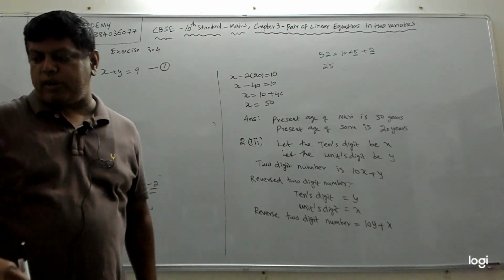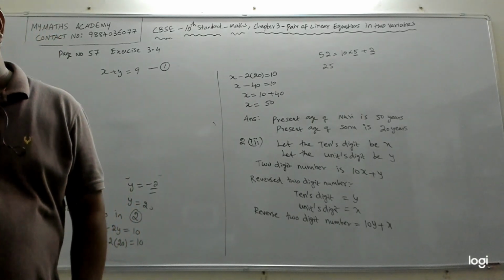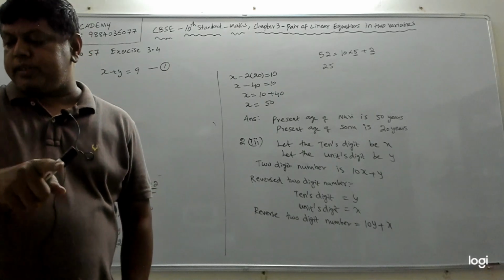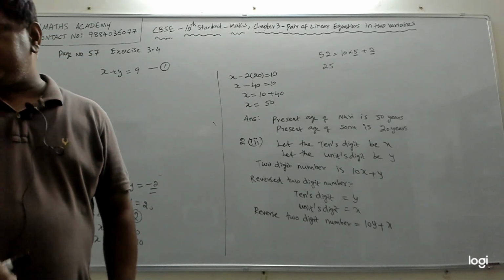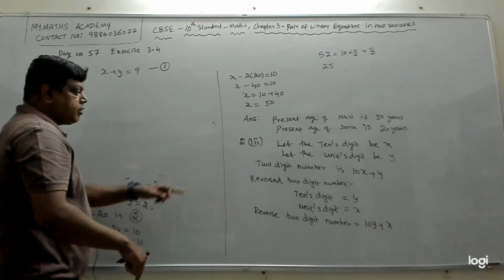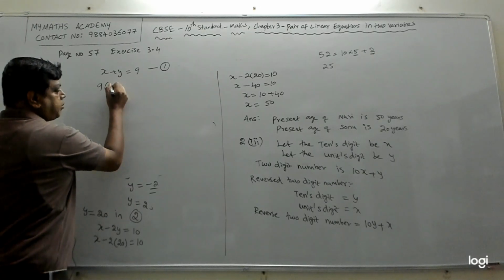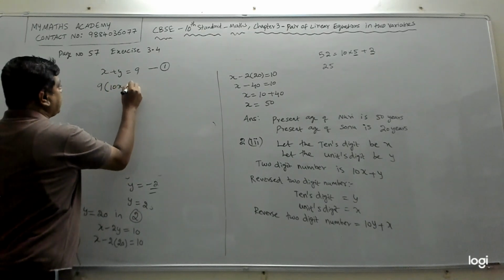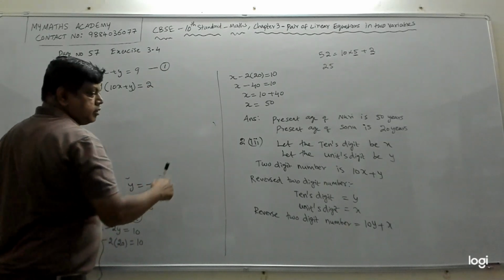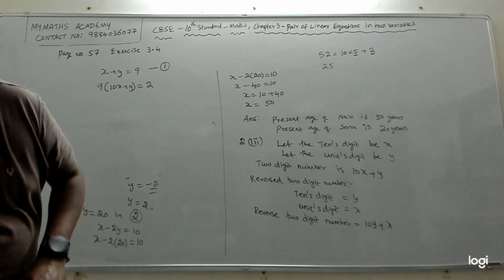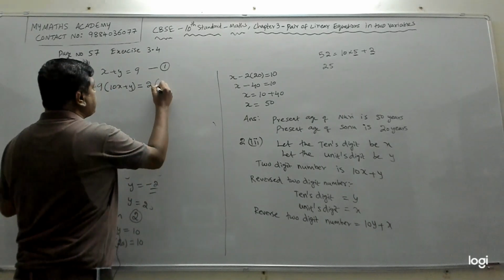Then the second statement says also 9 times this number is twice the number obtained by reversing the digit, which means 9 times this 2-digit number, which is 10x plus y, is equal to 2 times the reversed number.